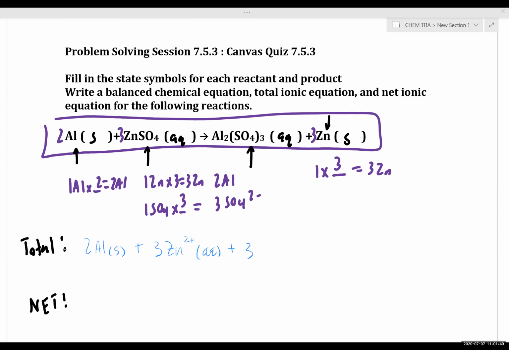And the proposed total ionic equation that I'm seeing in the chat looks great so far. Let's keep working on this example and we'll discuss in about another minute and a half.